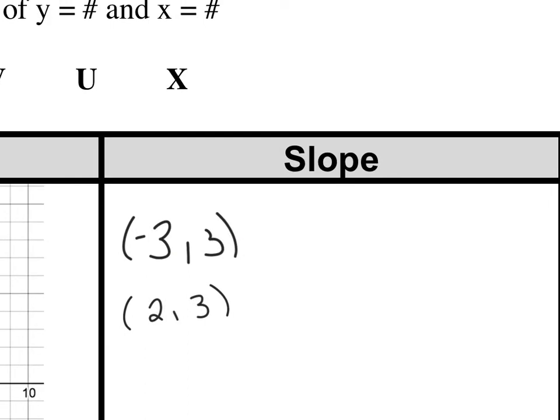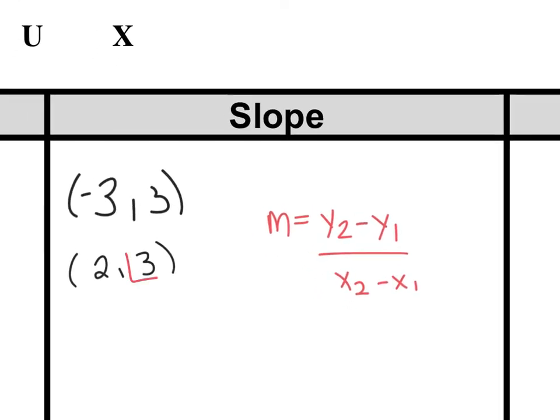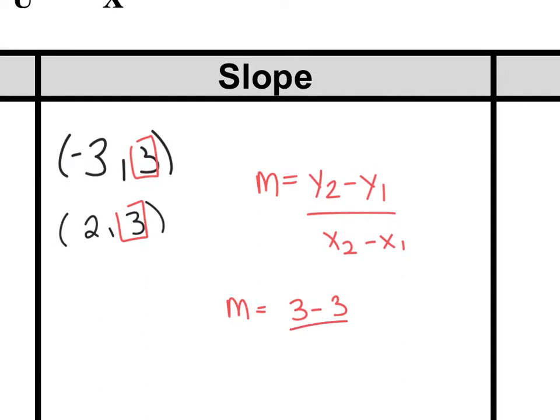I'm going to find the slope by using y2 minus y1 over x2 minus x1. My second y value is a 3. So my slope is equal to 3 minus my first y value of a 3, over my second x value of a 2, take away my first x value of a -3.